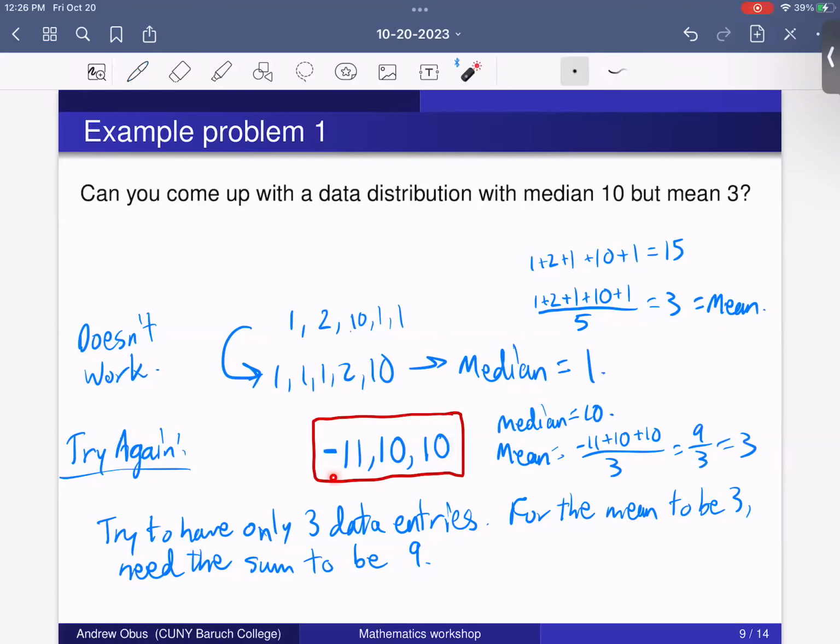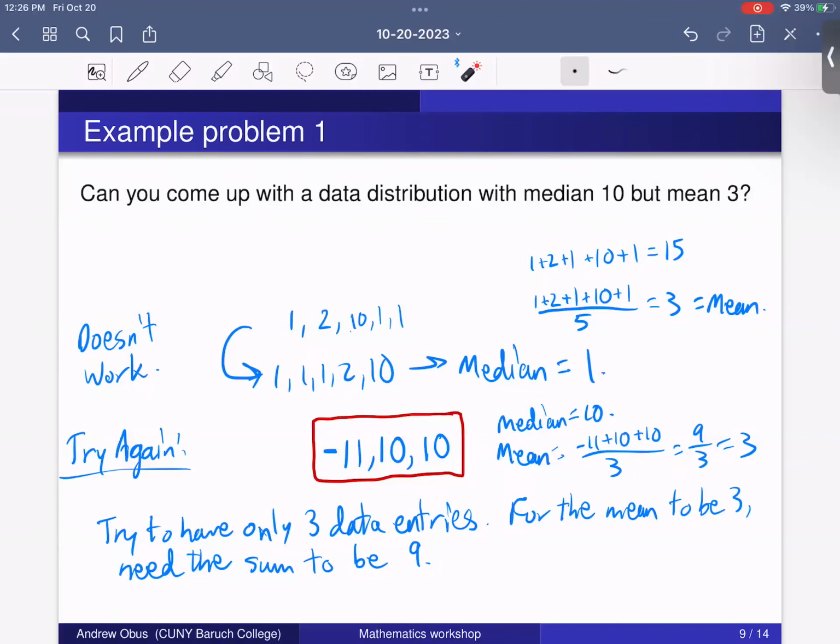So it's a little tricky to do. You really need to throw in something that is very, very low for that to work. Maybe the important lesson from this is that when you're doing the median, you can't just place things in whatever order you want. It has to be in ascending or, as James said, descending order.